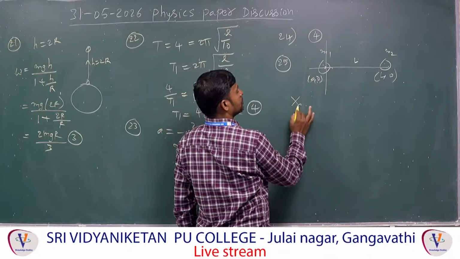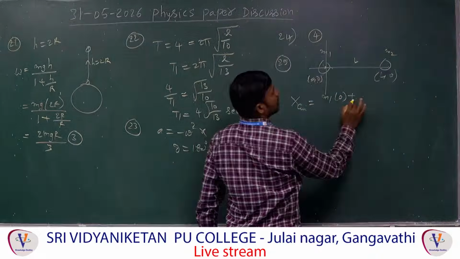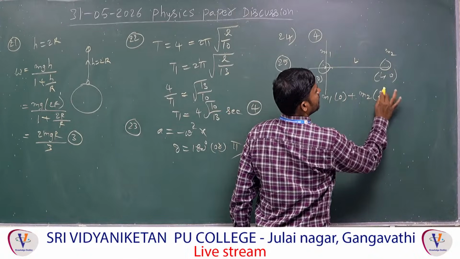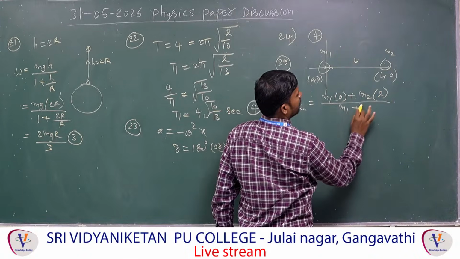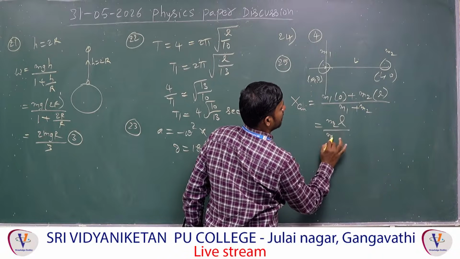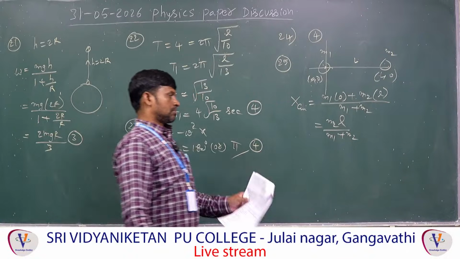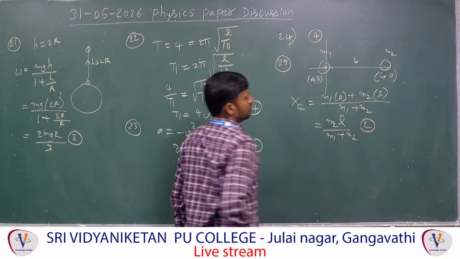What is the x coordinate? m1 x1 is 0, m2 x2 is L, by m1 plus m2. So m2 L by m1 plus m2. Second option.